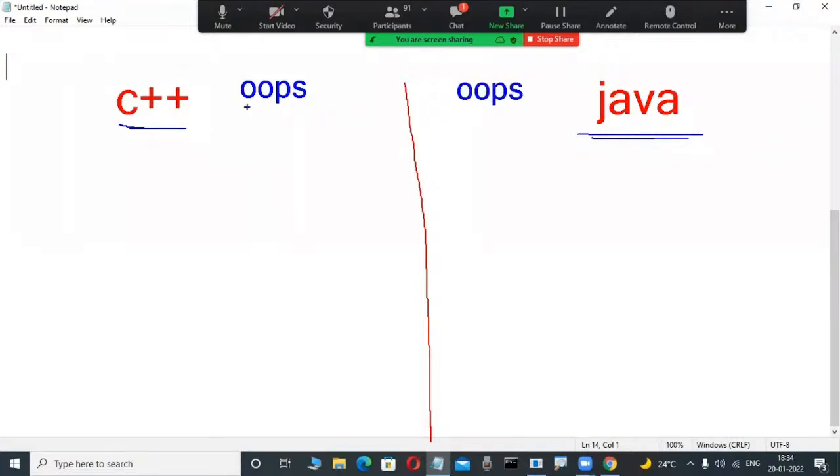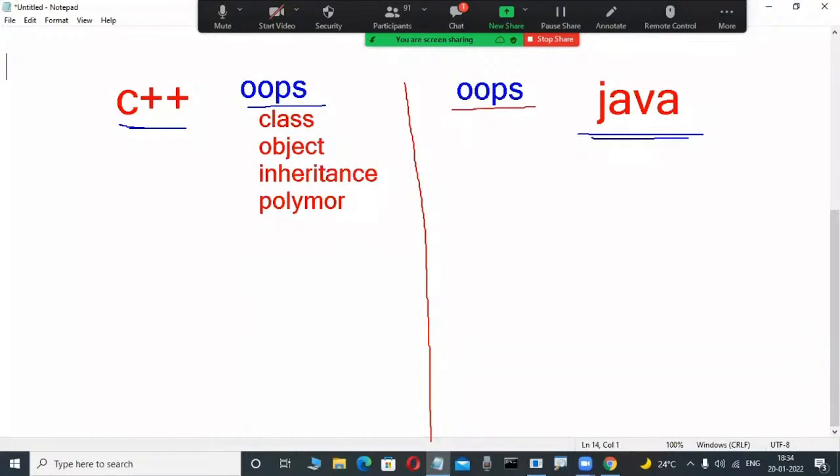OOPS concepts mean class, object, inheritance, polymorphism. Maybe many fellows have an idea. Same here in Java: what is class?